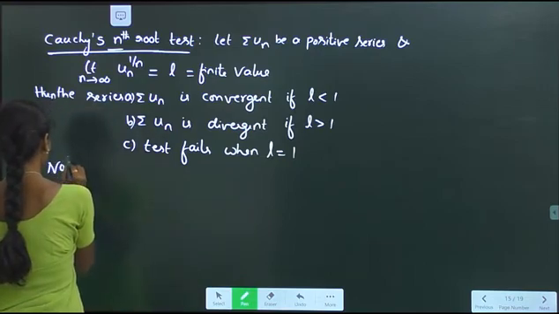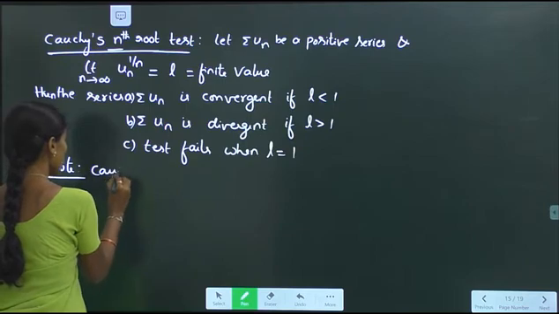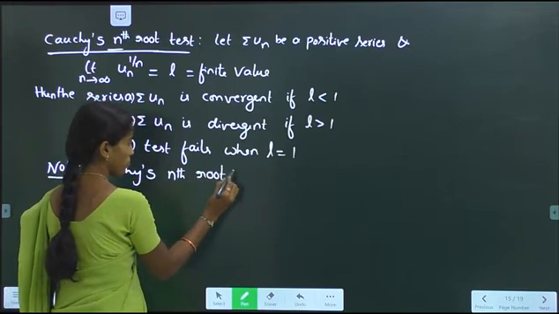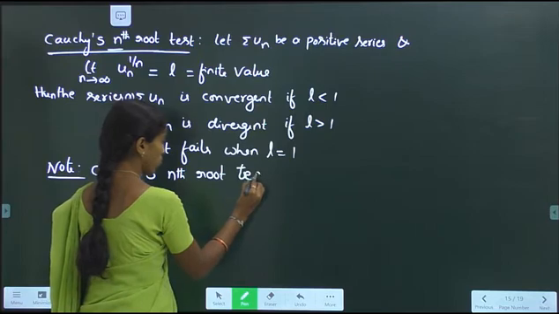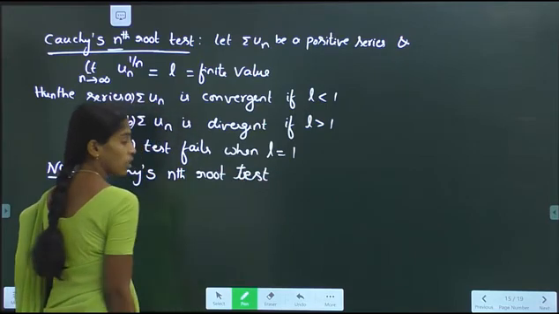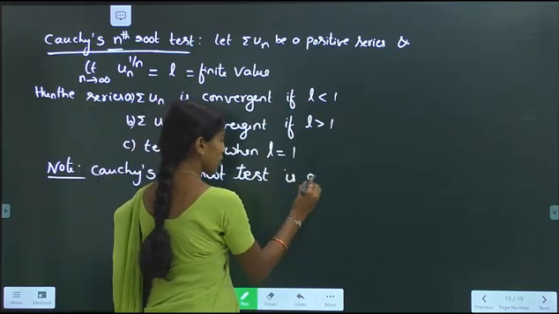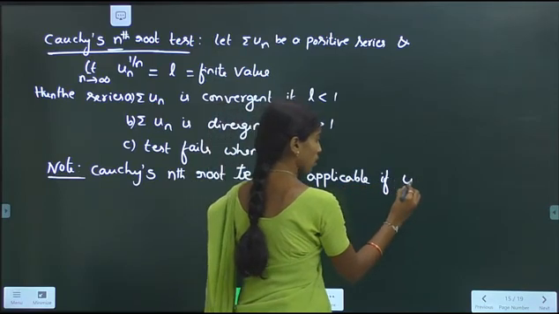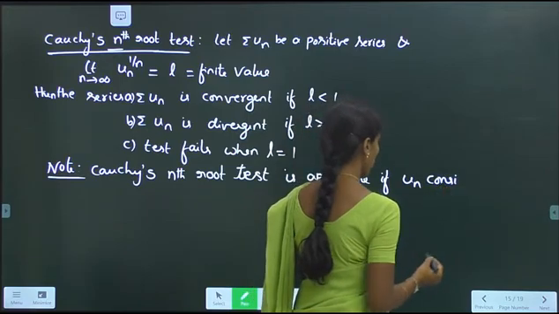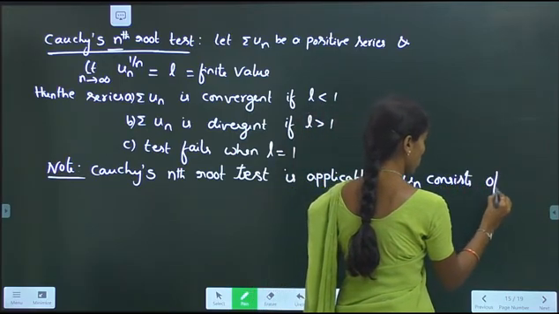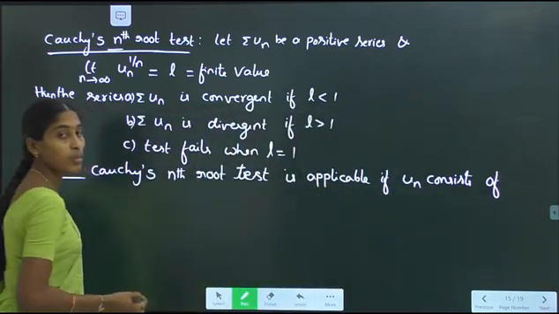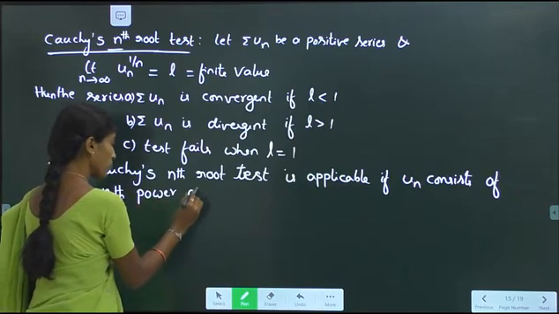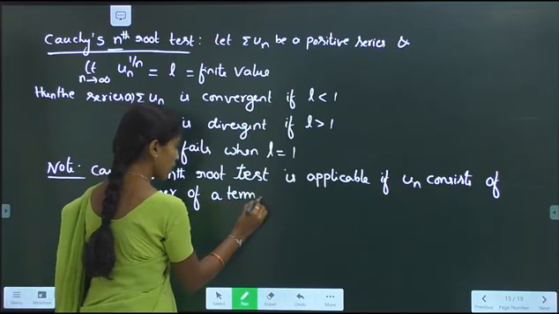Here Cauchy's nth root test is applicable, generally we apply it if the nth term un consists of nth power of a term itself as a whole.